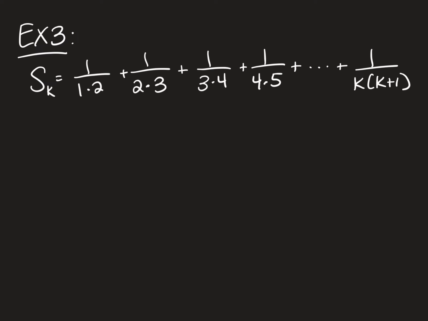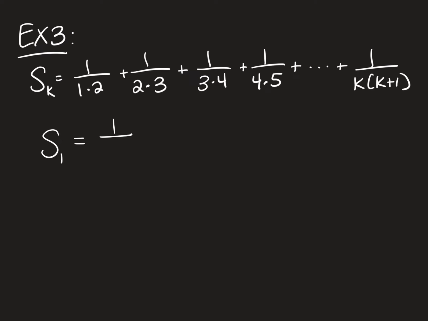This is 1 over 1 times 2. Okay, it's not 1.2. 1 over 2 times 3, and so on. So I'm going to do what I did in the previous one, and I'm going to list out the first few terms. But as I do that, I'm going to try to start looking for some pattern. So what I mean is this. Let's list out the sum of the first term.